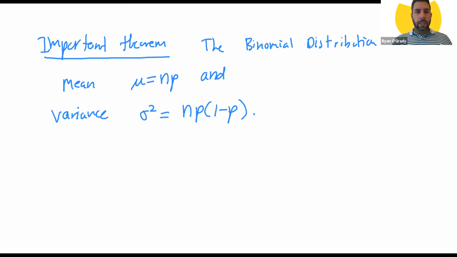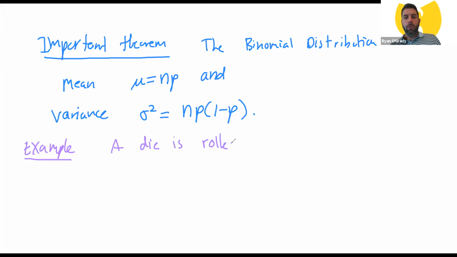So let's look at an example quickly to see how these can be used. A die is rolled, let's say 500 times.